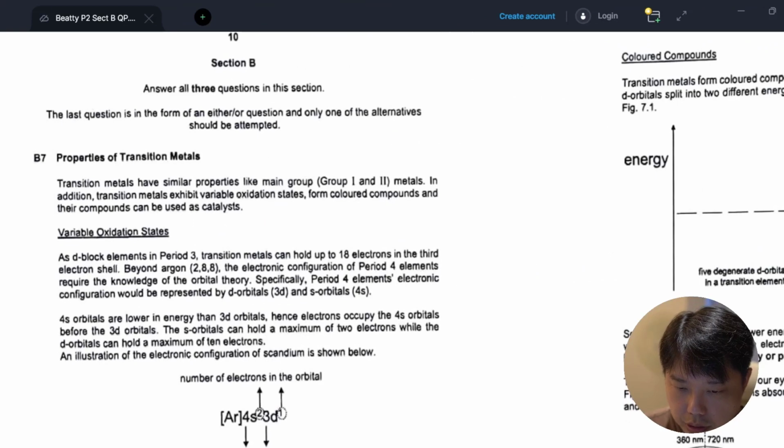Alright, so this question is about transition metals, their properties, and how they form colored compounds. This is part of the A-level syllabus, but the question has been adapted as a data-based question for a secondary school prelim.